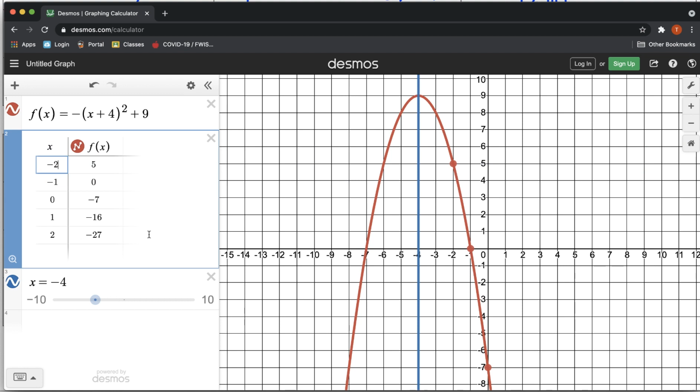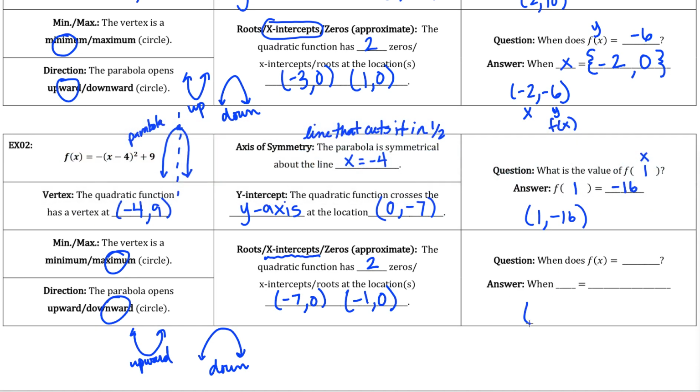So we have 2, negative 27. So remember, f of x is y when you put it together. That's the x, but when you put it together, f of x is y.